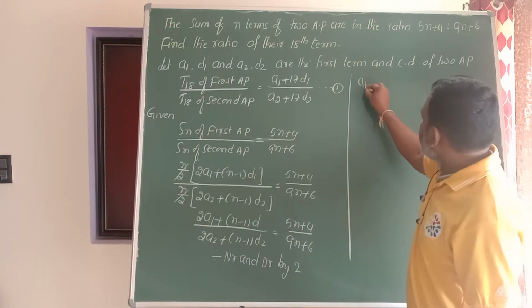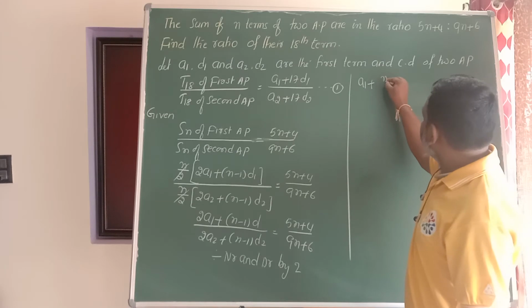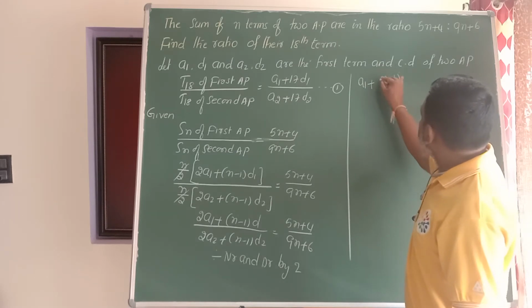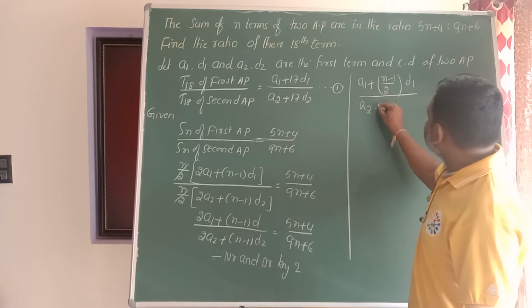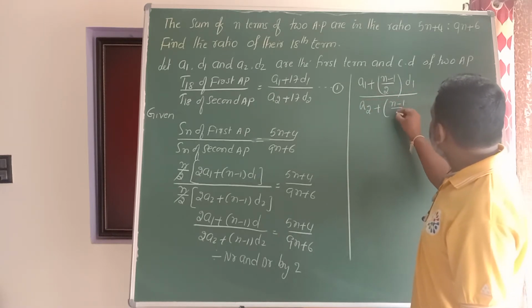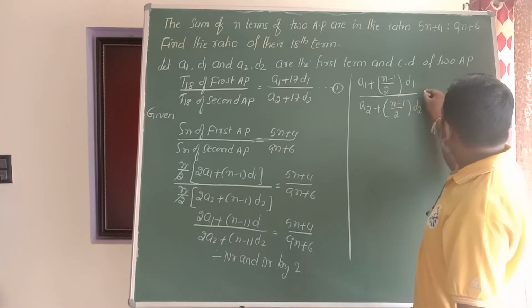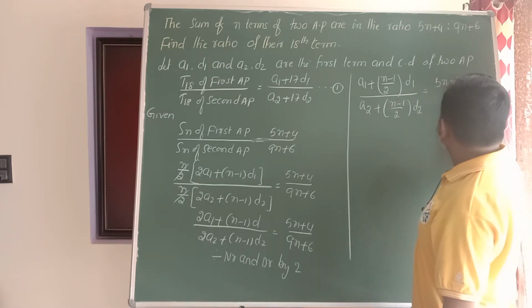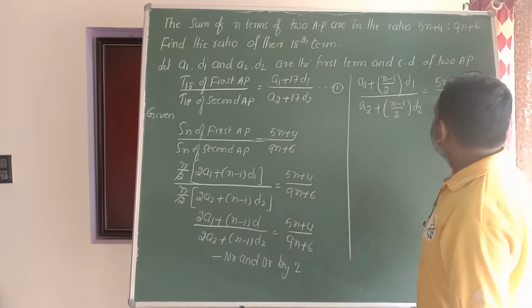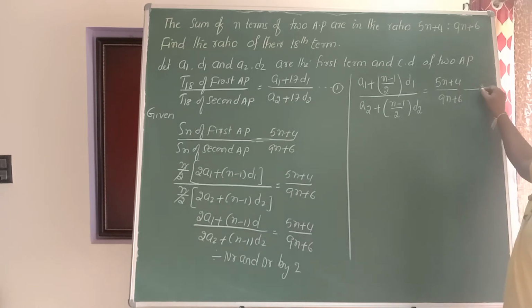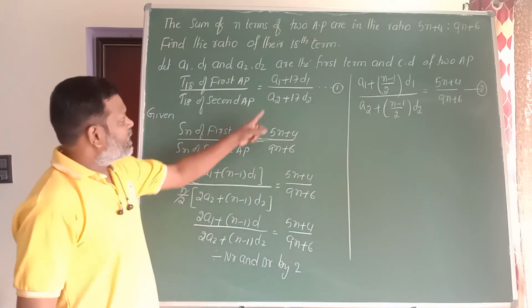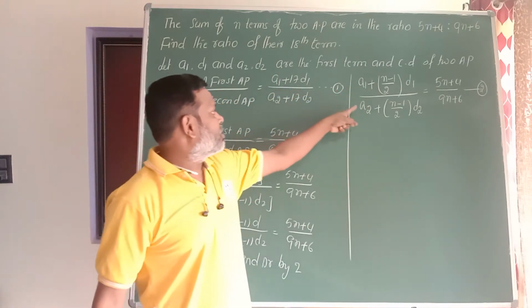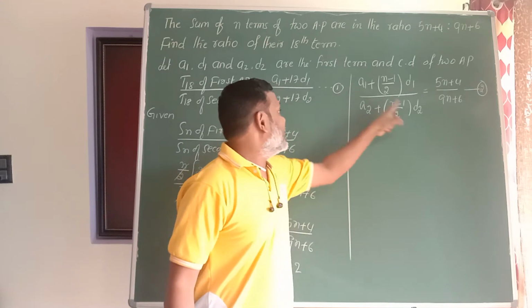That becomes a1 plus n minus 1 divided by 2 into d1, whole divided by a2 plus n minus 1 divided by 2 into d2, is equal to 5n plus 4 divided by 9n plus 6. Now observe here, let this be equation number 2. From equation 1, compare equation 1. Here a1 is there, here a2 is there, d1 is there, d2 is there.